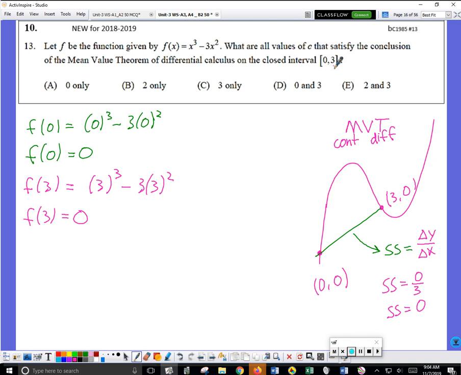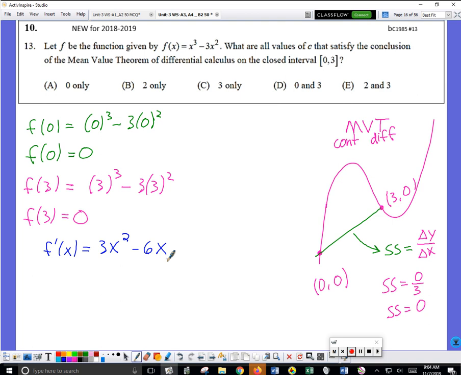I'm going a little bit fast because of time. So I take the derivative, f prime, just like we talked about earlier today. If this equation finds all the points on a curve, when I differentiate it, I get a new equation which can find every slope on a curve.